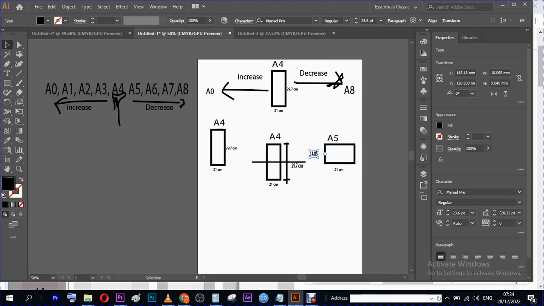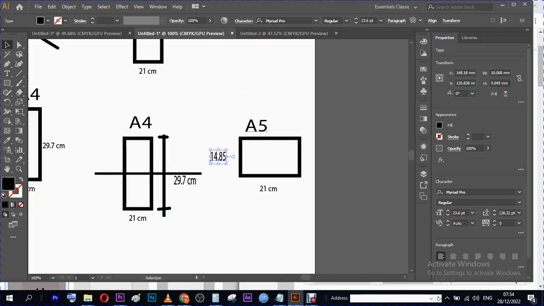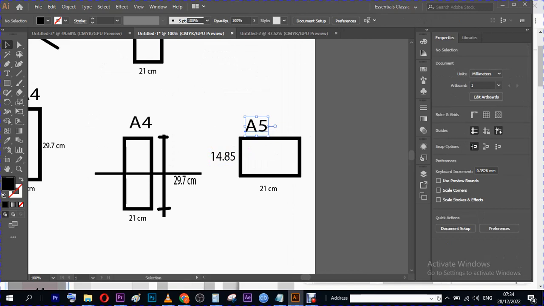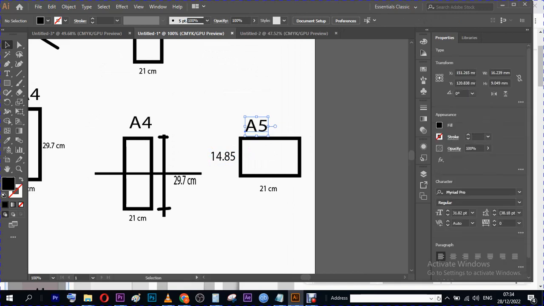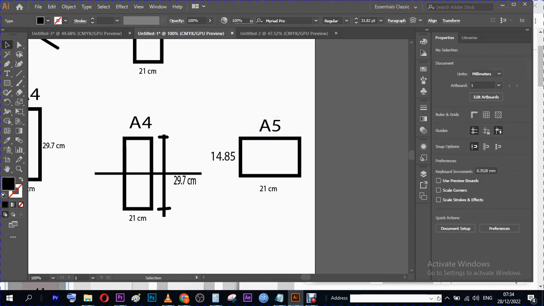So this is the size of an A5. If we drag this, are you seeing that? So this is the size of an A5. Half of an A4 creates an A5.